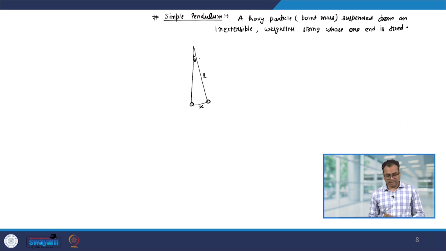So, theta is small, then the weight of the particle, mg, is going to act downward. Since that angle is theta, this angle will also be theta. The tension T is going to act upward, and the restoring force is going to act, which will be perpendicular to the string.